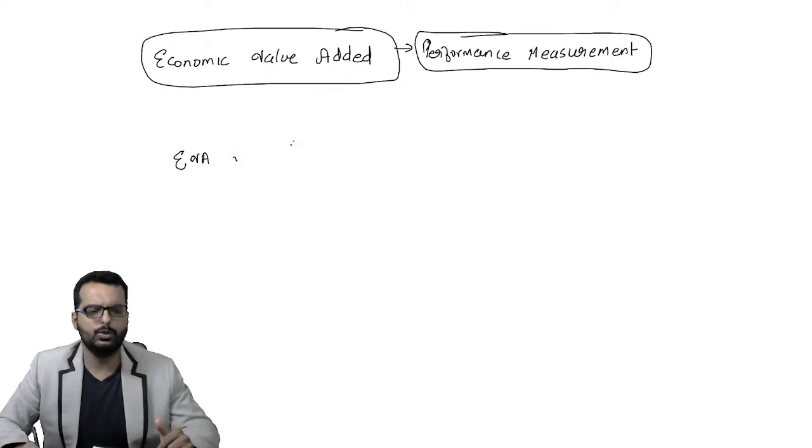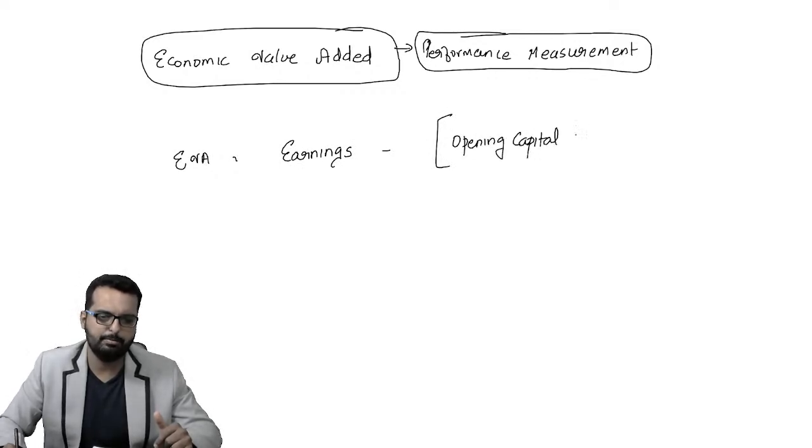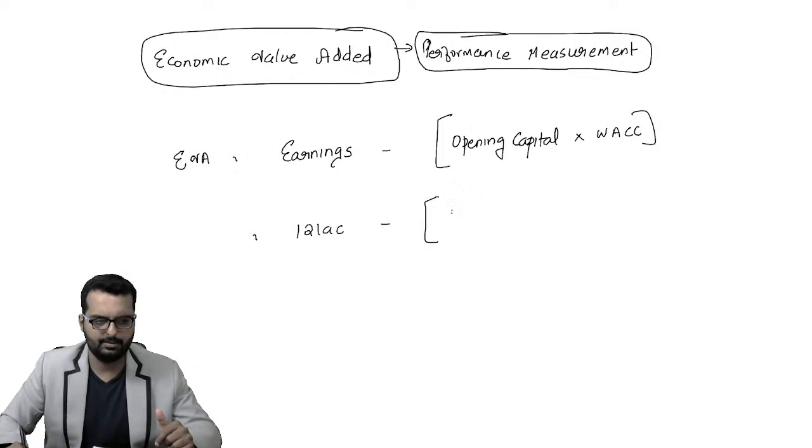EVA is equal to whatever is your earnings minus whatever is your opening capital or the investment that you have made, into WACC. For example, suppose your earnings is 12 lakhs, your investment is 100 lakhs and you're expecting 10 percent.